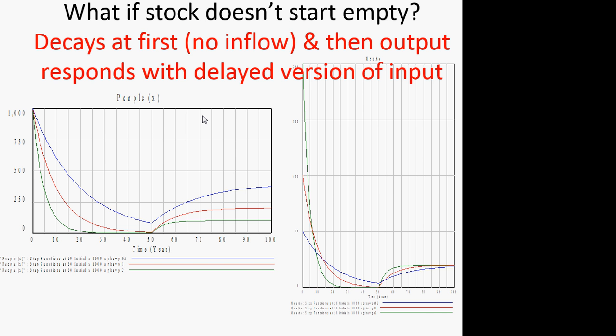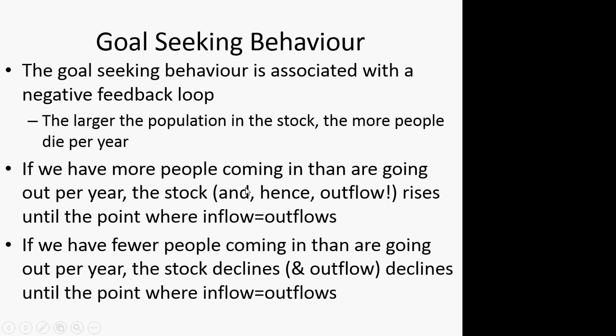It will decline towards zero, and then when that immigration rate suddenly bumps up to 20, the stock will start moving towards its equilibrium value. In each case, it's seeking some balance. Here, it's seeking balance with zero inflow, and now it's seeking balance with this 20 inflow. So it's associated with goal seeking here.